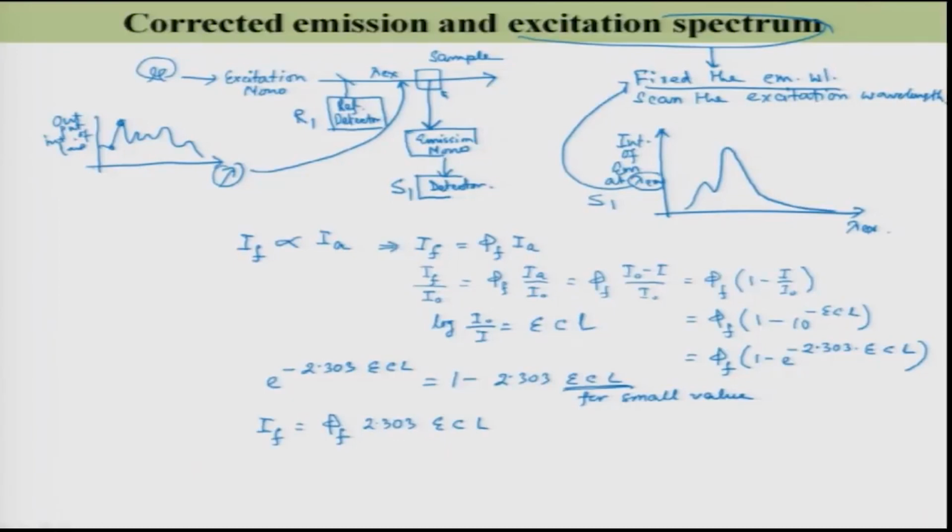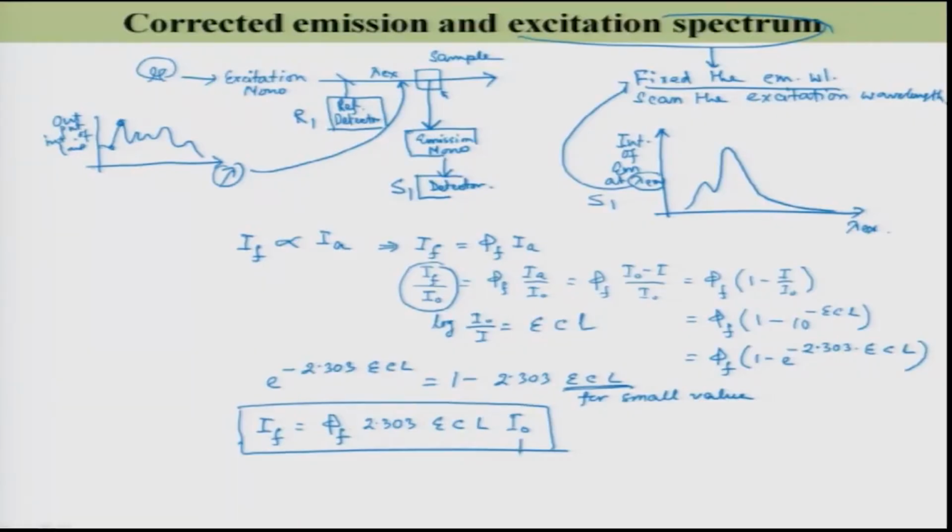Where is my I 0? Over here, I have I f by I 0. So, once I write I f, then I must have this I 0 over here. So, I got this final equation. See here. I have formulated how the fluorescence intensity at your desired lambda emission depends on these different factors.